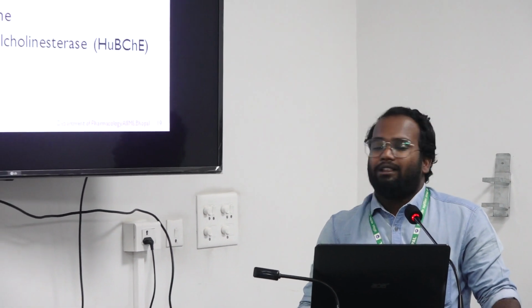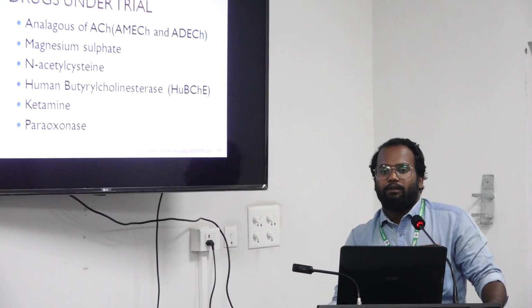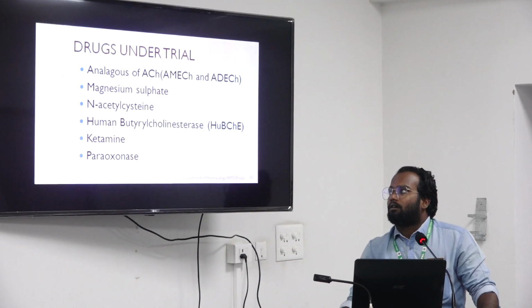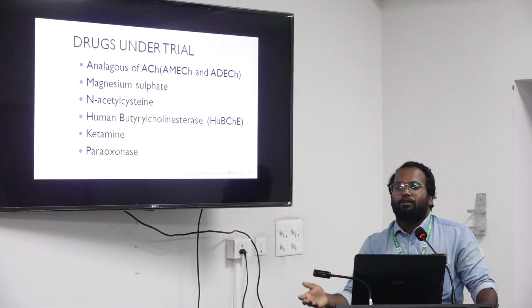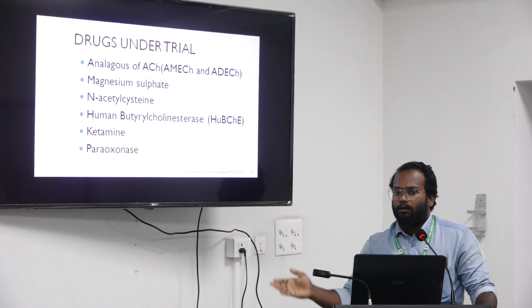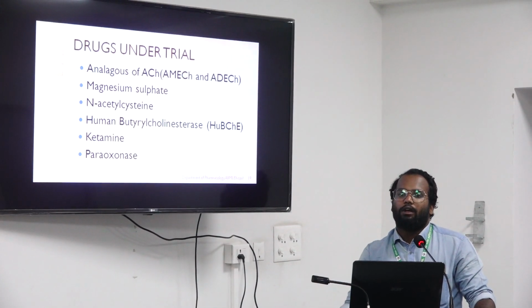Then moving on to the drugs in the pipeline for OPC management. All these drugs are used as adjuncts. They are not a substitute. These drugs were under trial as adjuncts to atropine therapy.